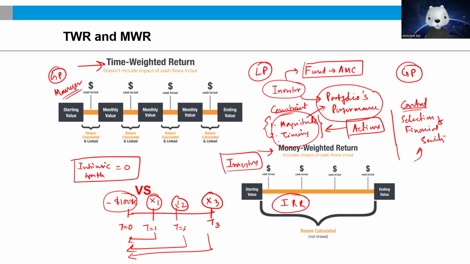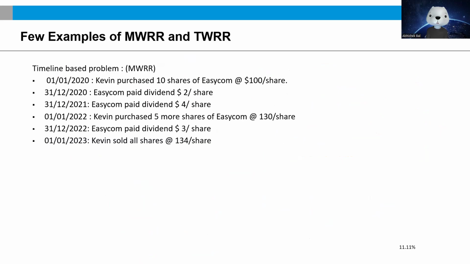The money weighted rate of return is basically that internal rate of return only. On the other hand, the time weighted rate of return is known as the LIRR, or the linked internal rate of return. Sometimes it is also known as the chained internal rate of return. Enough with this theory. Let's first boil down to a given problem.